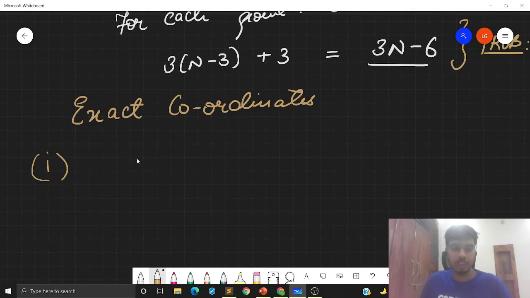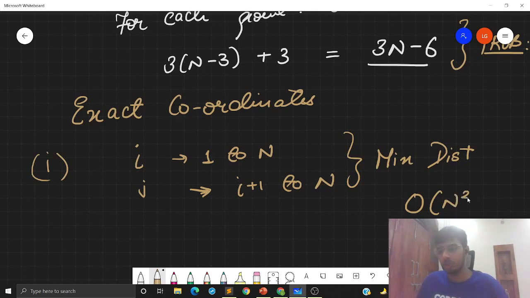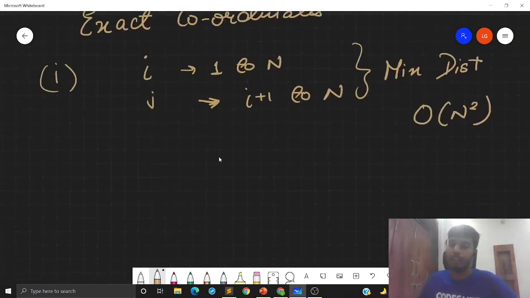It will say that our i can go from 1 to n, our j can go from i plus 1 to n, and find out the minimum distance, and report the square of the minimum distance. This approach will take order n square time, right? And this is enough for passing the first subtask.